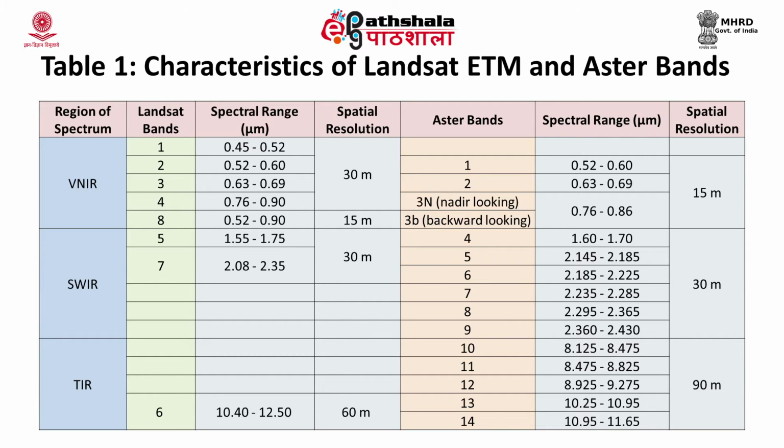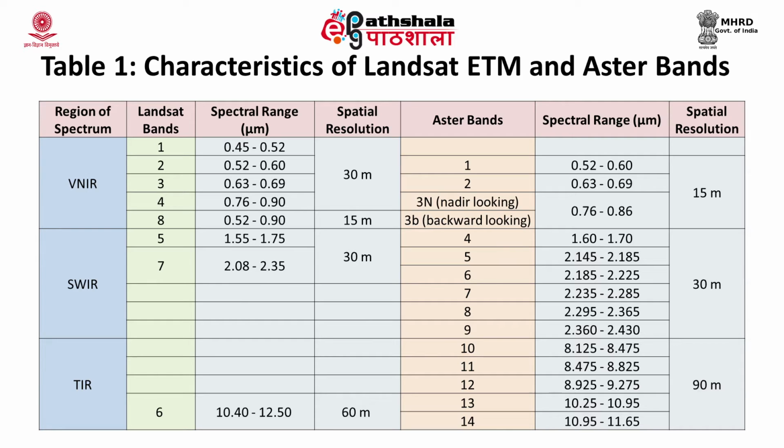In the Landsat you can see 1, 2, 3, 4, that is coming under VNIR, and band 8 is also coming under this visible and near infrared region, and in the spectral range starting from 0.45 micron to 0.9 micron you can collect the information.